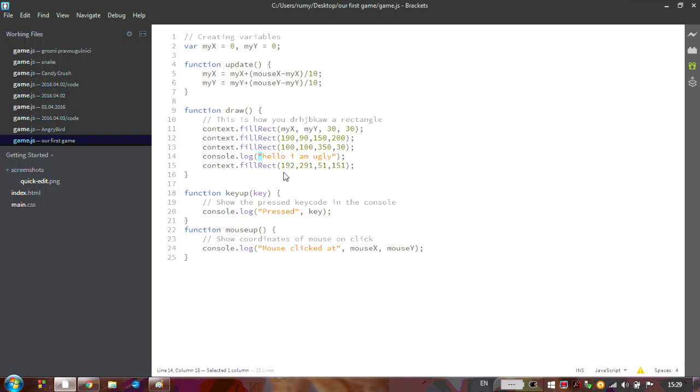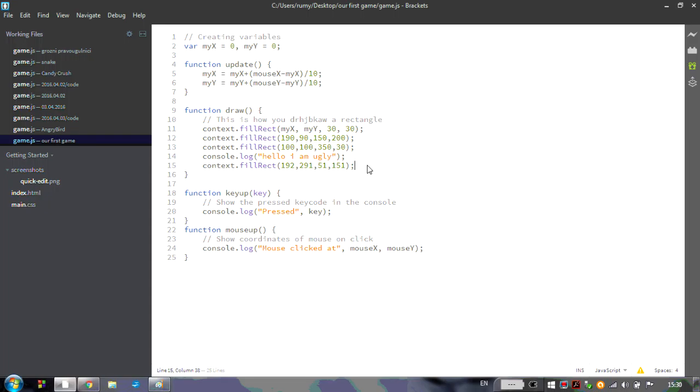And I've taught you how to draw rectangles with context.viewRect, and 4 numbers in the round brackets: X and Y of the top left corner of the rectangle, and the width and the height of the rectangle. I want you to explain those commands with a really good sentence on your sheet of paper, and leave enough space on your sheet of paper for our next things to learn in the future lessons.